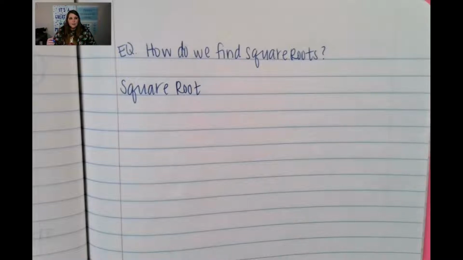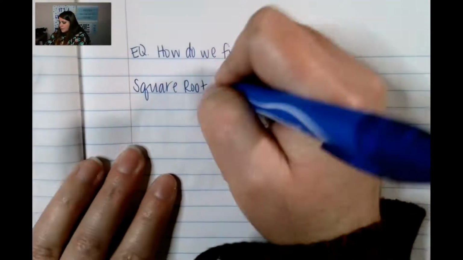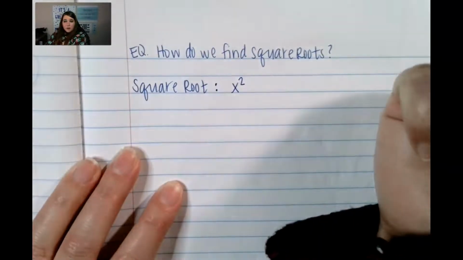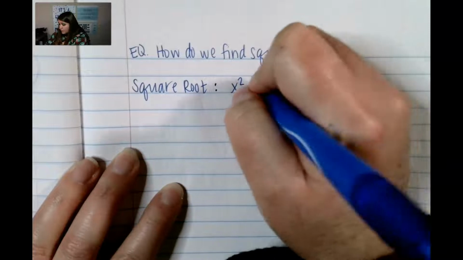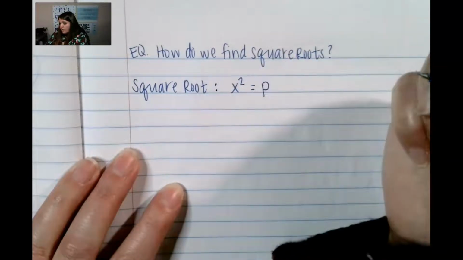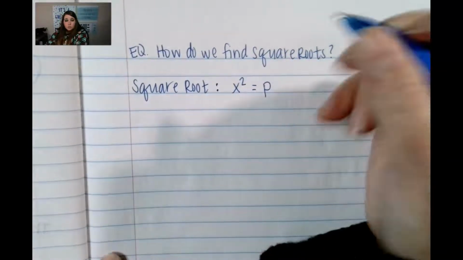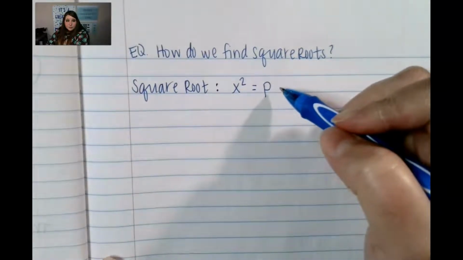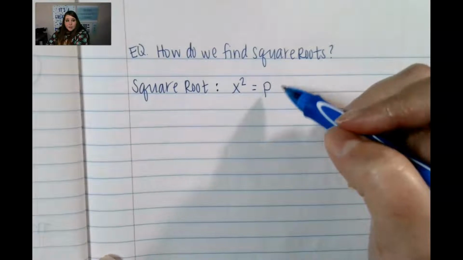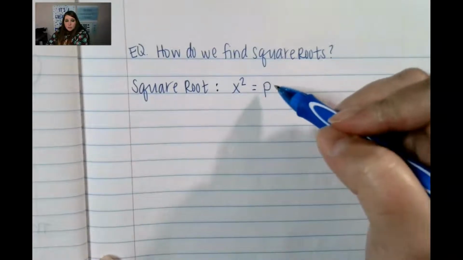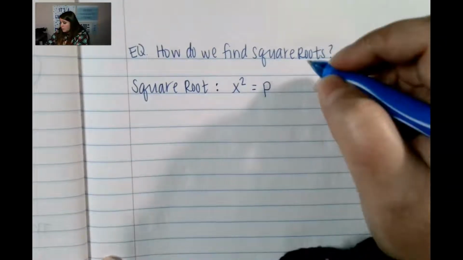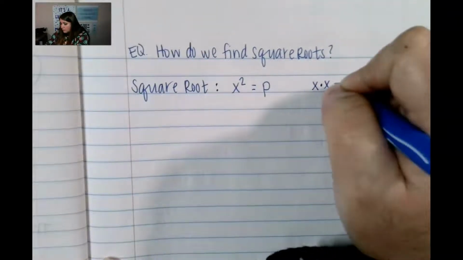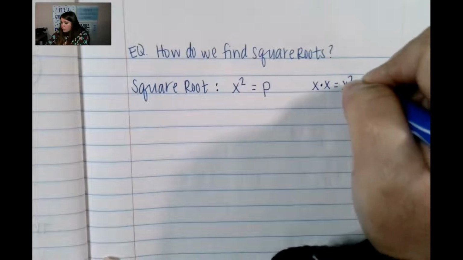So what does that mean? Well, it means that if I had x squared, so whatever x could be, it would equal p, or two of the same numbers. Okay, so it equals some solution that is p. So that means that x times x gives us x squared.